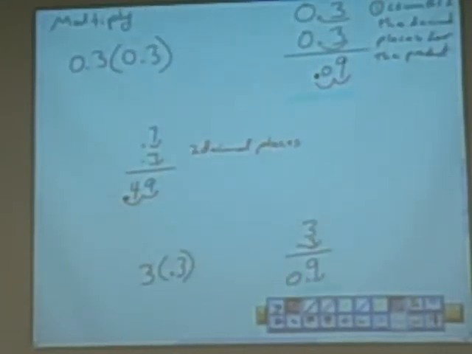Doing that consistently all the time, putting that 0 for all the decimal numbers, is going to become a habit for you, and you won't have to worry about, do I have to put a 0 there or not? You just do it, and so you're less likely to make errors.